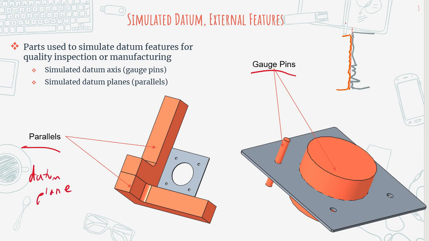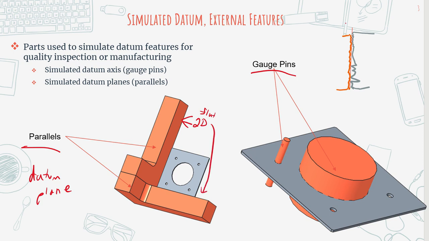What you have here is essentially two very precisely machined items, each essentially a perfectly flat 2D surface.